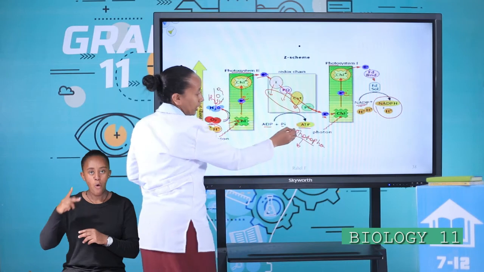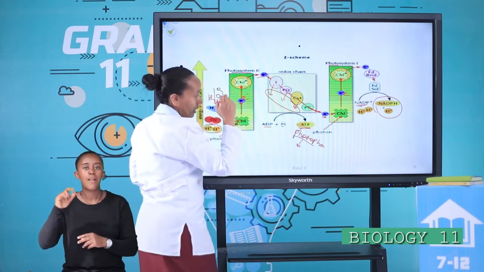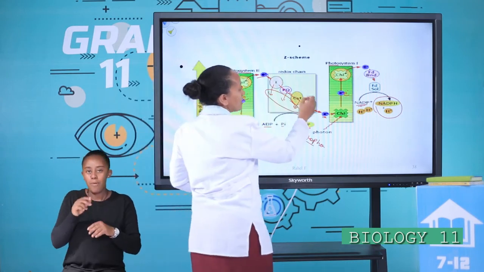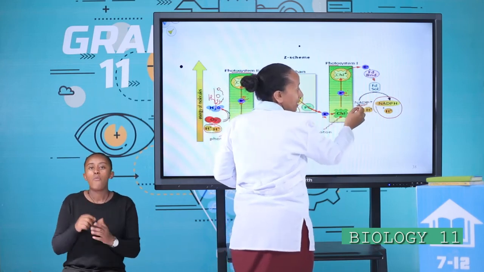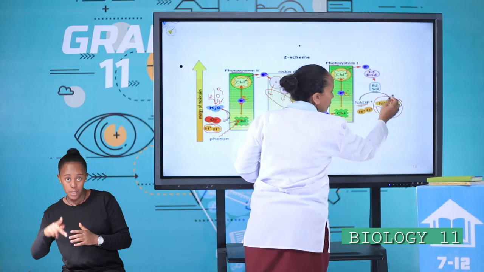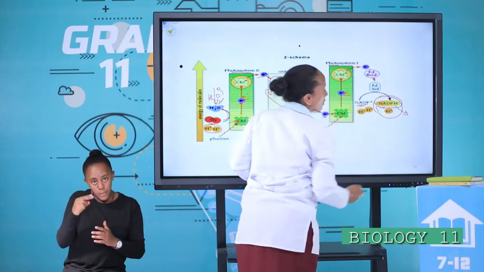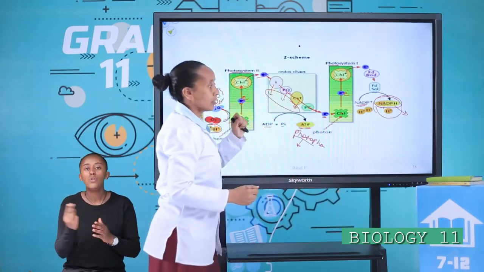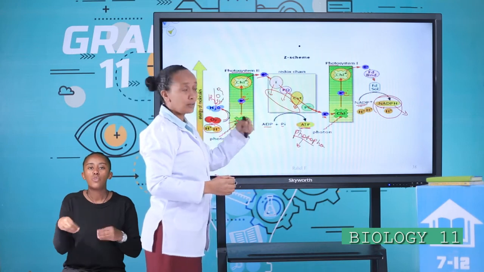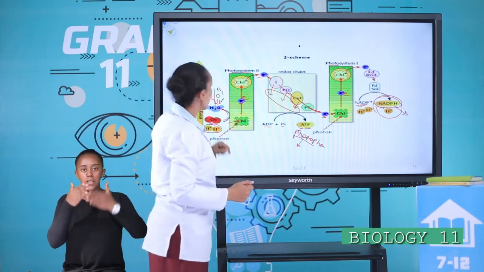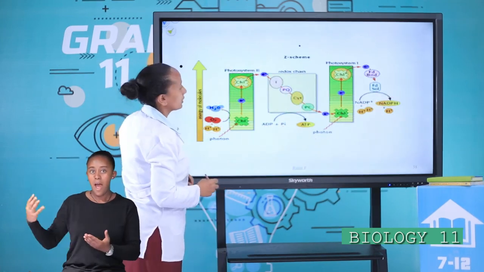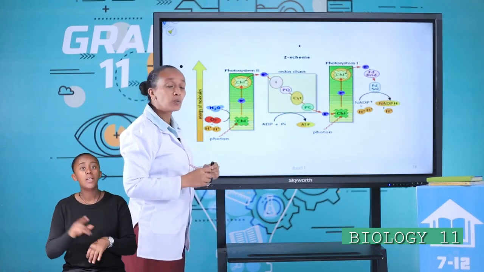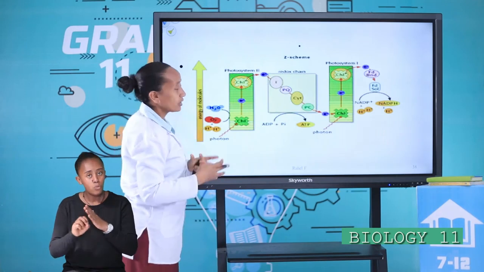By photophosphorylation, ATP will be formed here, and at the same time, the electron lost from photosystem 1 will be accepted by NADP to form NADPH. This NADPH is used as hydrogen donor in the second stage of photosynthesis. Therefore, during light reaction, the cell will produce different products.